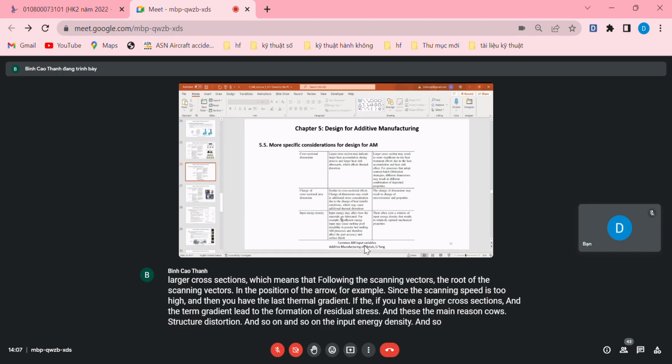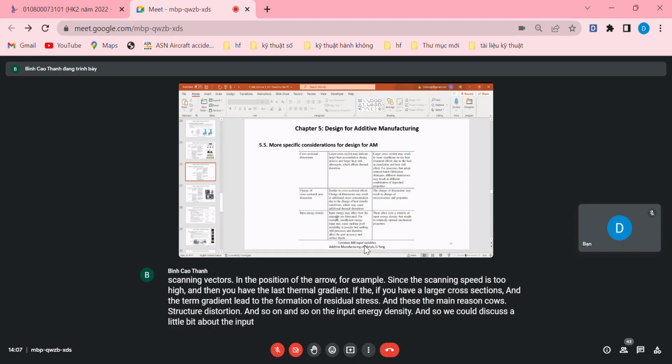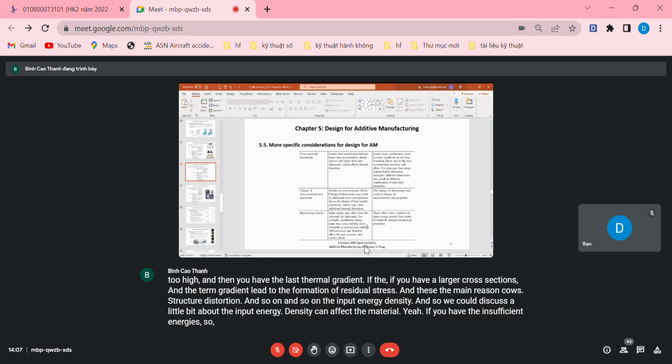The input energy density. We could discuss a little bit how the input energy density can affect the material. If you have insufficient energy, you cannot create a stable melt pool, and it affects the accuracy and the surface finish.